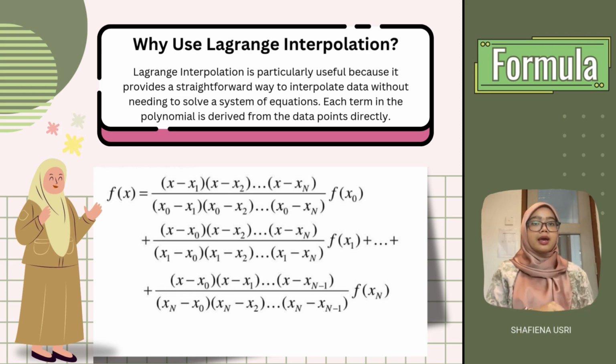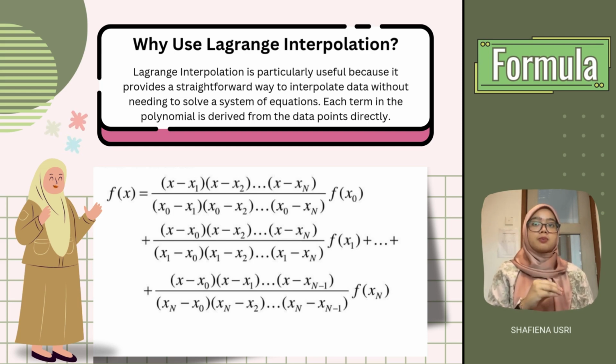Now, let's look at the Lagrange interpolation formula. This formula helps us to find a polynomial that passes through a set of points. In this formula, f(x) represents the value we want to find. The terms in parentheses like x minus x0 show how far x is from each known point, x0, x1 until xn.